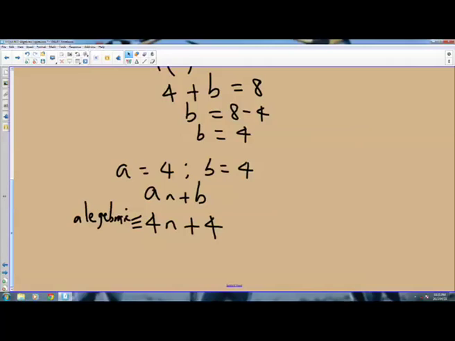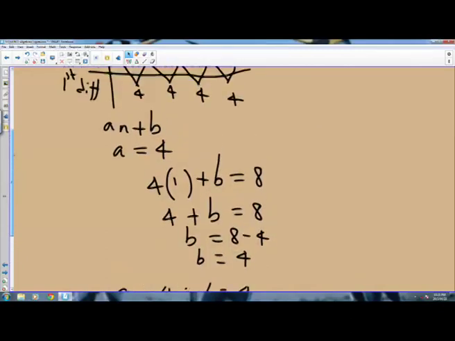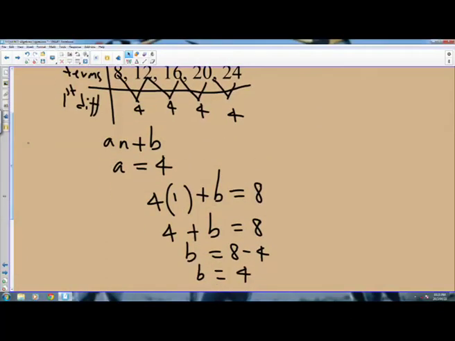This is the algebraic form for the sequence 8, 12, 16, 20, 24.